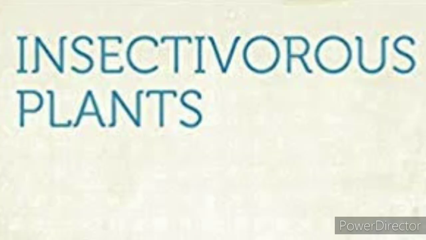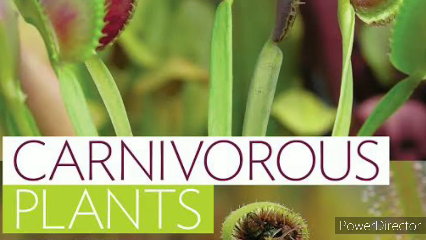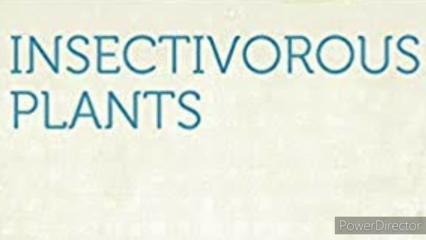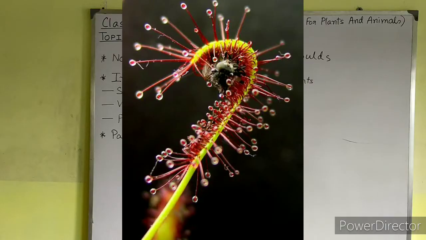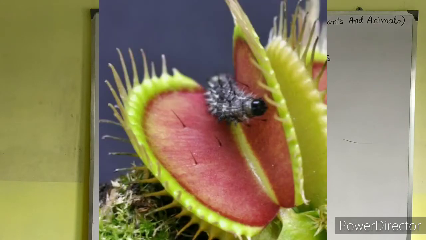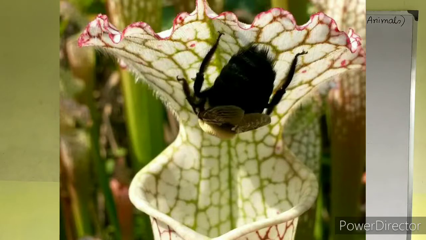Next we will learn about insectivorous or carnivorous plants. Have you ever heard about plants that eat insects? These plants are called insectivorous plants. Sundew, Venus flytrap and pitcher plant are some examples of such plants.